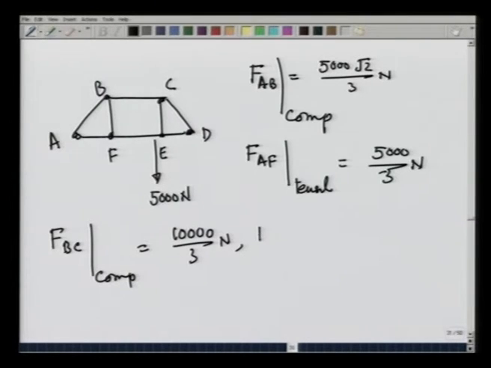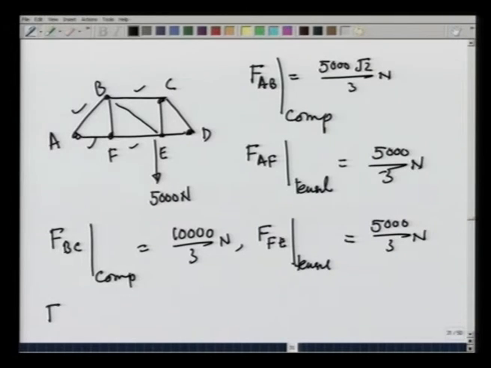Then FFE, which came out to be tensile again, and its value was 5,000 over 3 newtons. AB, BC, FE are done, 4 members.